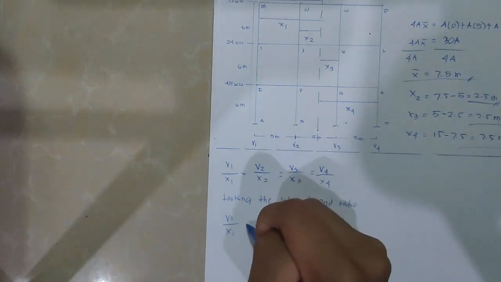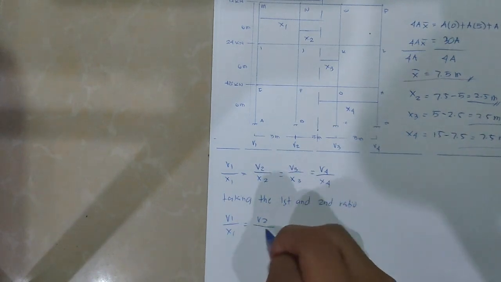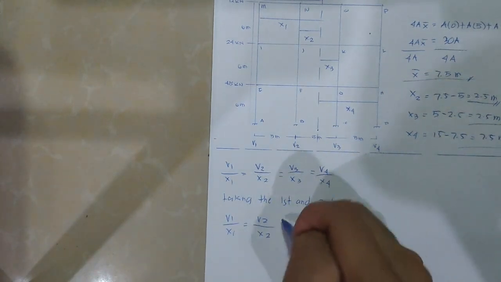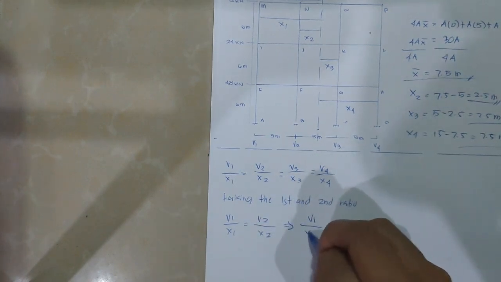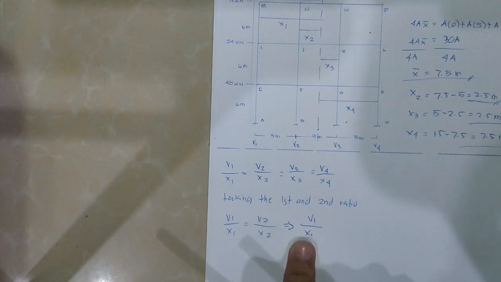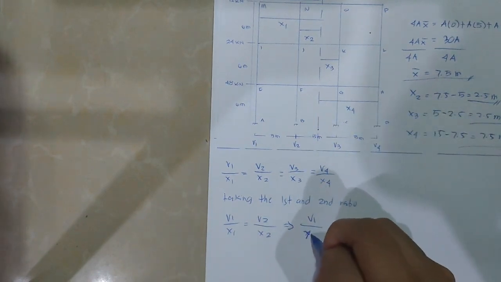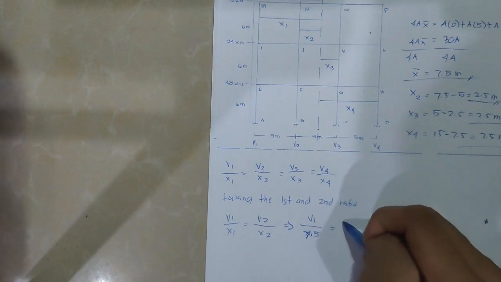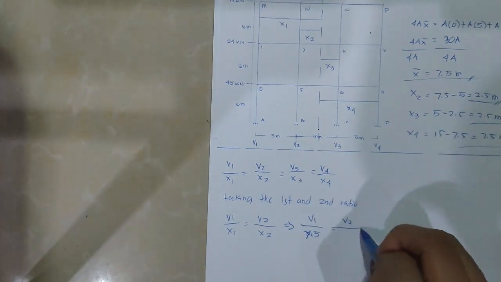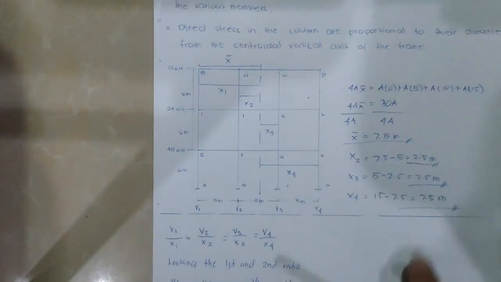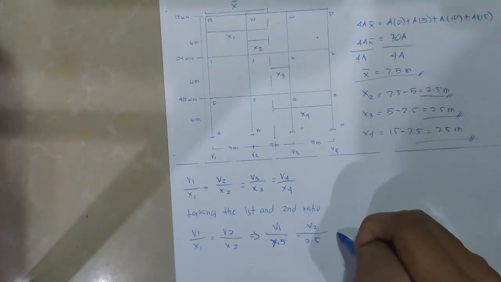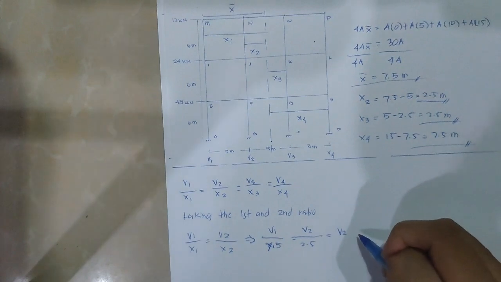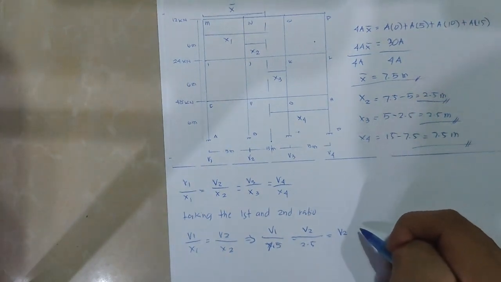Since we have no value for V1, and we have a value for X1, which is x bar, 7.5, we just input it, which equals V2. We don't have a value for V2 yet, which is what we want to find. And for X2 we have a value of 2.5.